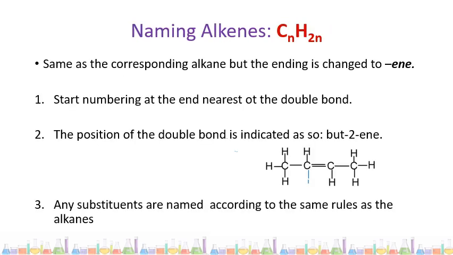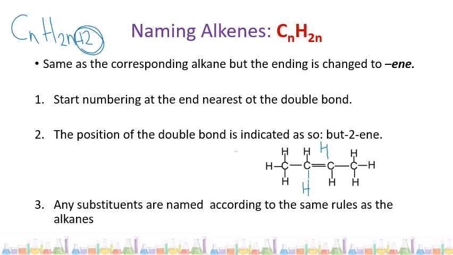So before we name the alkenes, let's first look at the general formula here in red. When we were looking at the alkanes, we had CnH2n+2. And so you'll notice the only difference between the blue and the red is this plus 2 here. So I'm just going to show you on this molecule down here on the right. If we were to turn this into an alkane, we would get rid of that double bond and we would add on those extra two hydrogens we spoke about a while ago.